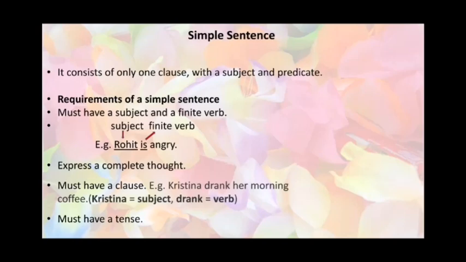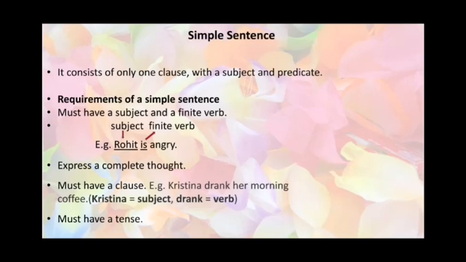Next is to express a complete thought. That means the sentence should have complete meaning. It must have a clause. As I told you earlier, it should have one clause. For example, Christina drank her morning coffee.